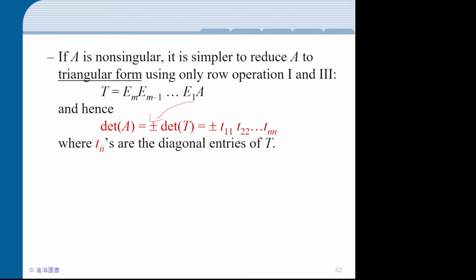So this is -1 to the number of swaps. And you have those T11 to Tnn, and that's the diagonals of your triangular form. So you have this T, that's T11, T22, to Tnn.